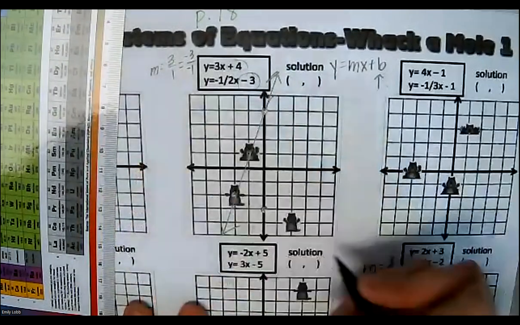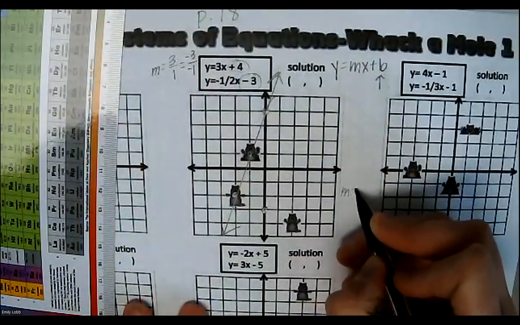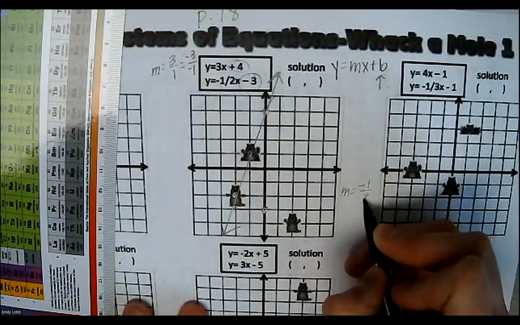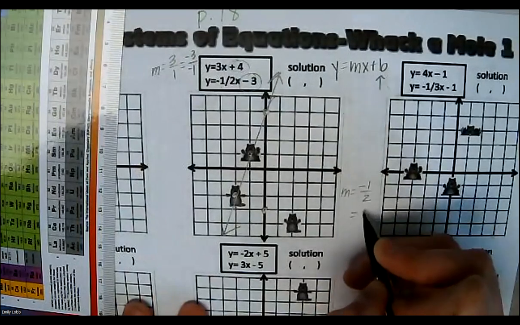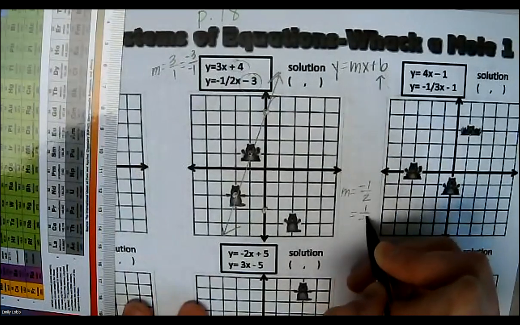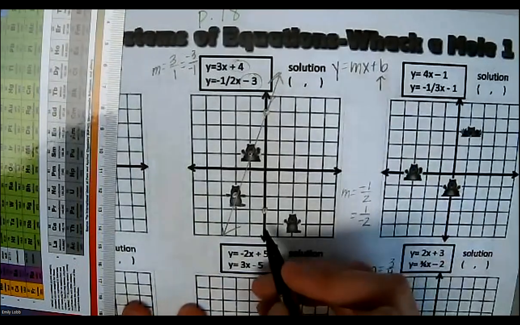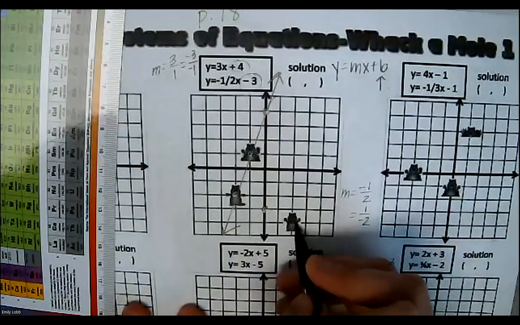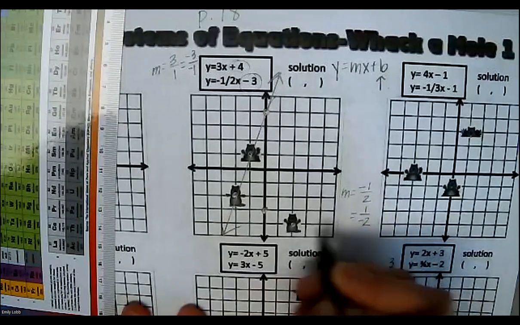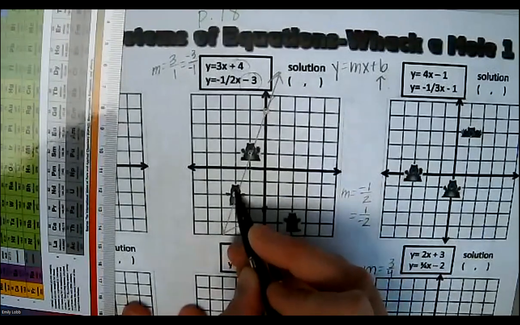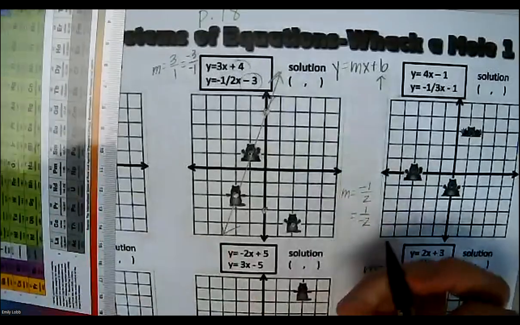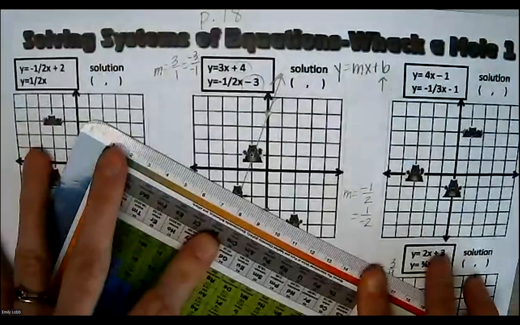So remember, here our slope could be equal to -1 over 2, or we could call it 1 over -2. So just like this is down 1 over 2, down 1 over 2, this other is up 1, left 2. So hopefully there you see where it is going to hit.